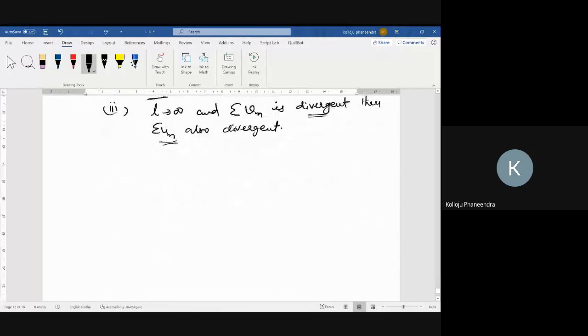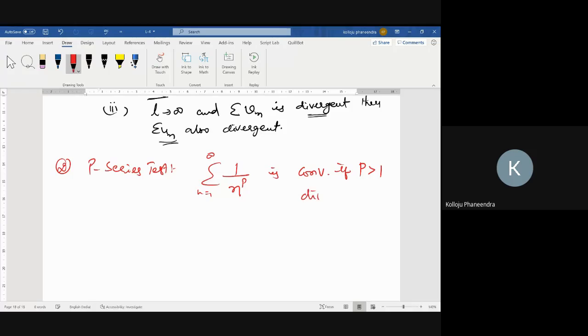And yesterday I gave one P series test. You remember, this is very important in solving problems. Just briefing: the series sigma 1 by n power p, n from 1 to infinity, is convergent if p greater than 1, and divergent if p less than or equal to 1.